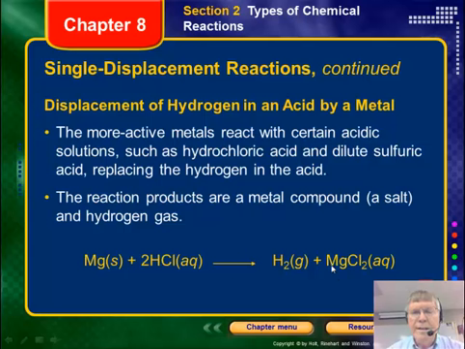Magnesium chloride is a salt, and so that type of reaction is common with many metals. Any metal that's more active than hydrogen, which is a lot of them, will do this. And it doesn't have to be just hydrochloric. It could be any of the main acids: hydrochloric, sulfuric, nitric. Most of them will react in a similar manner.